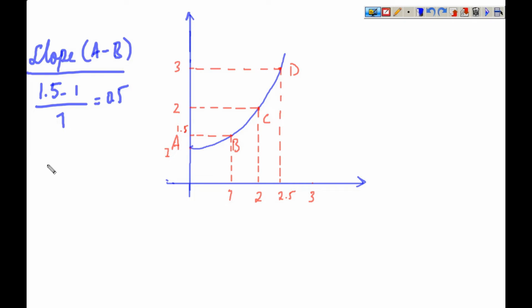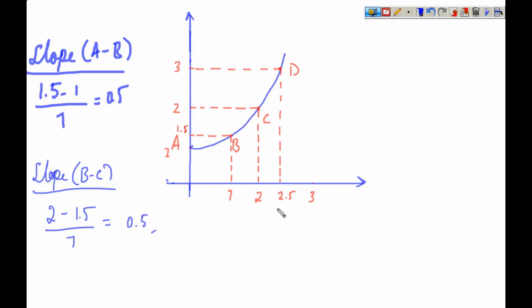So let's find the slope between B to C. So slope B to C will be 2 minus 1.5 by 1 equals 0.5. Okay, this is similar.